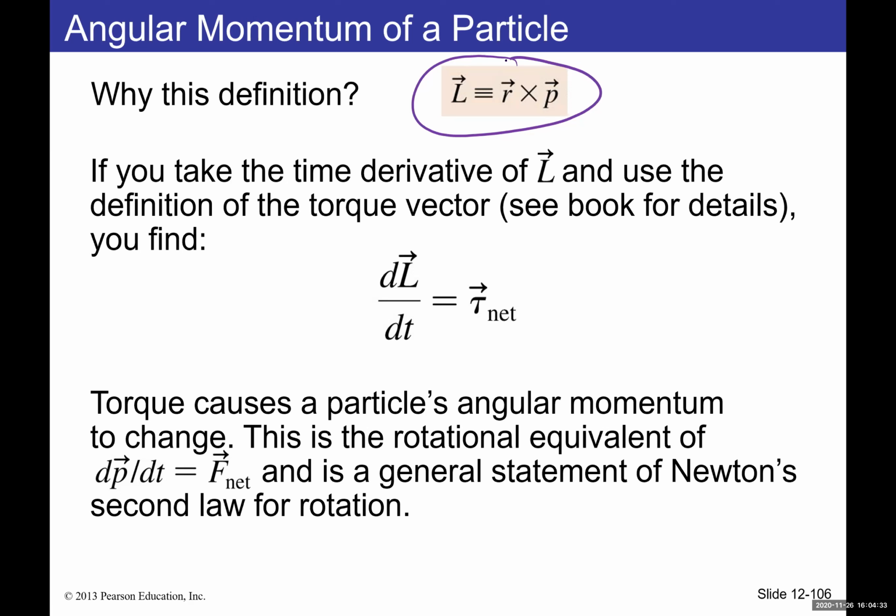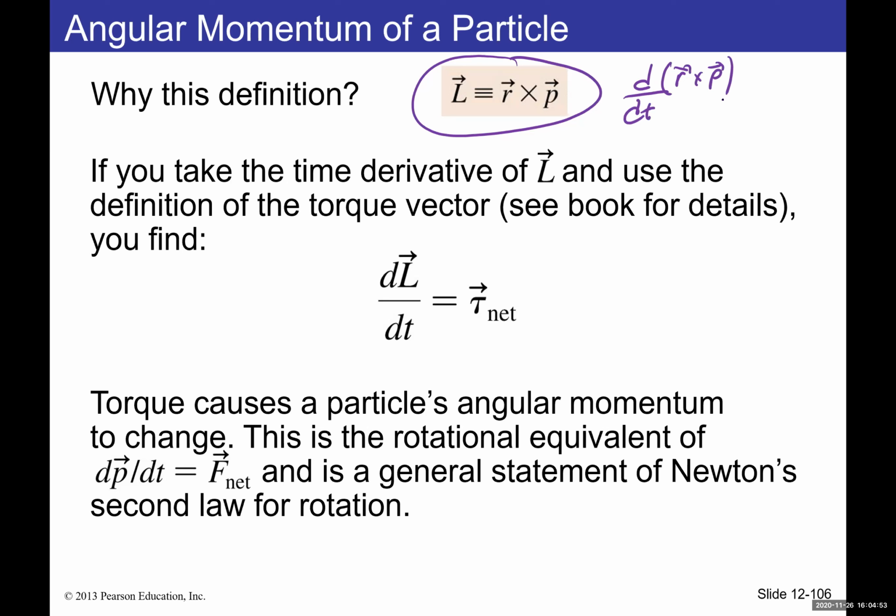If you take the time derivative of L and use the definition of the torque vector, we can find that dL/dt is equal to the net torque. That means I have d/dt of this r cross p.